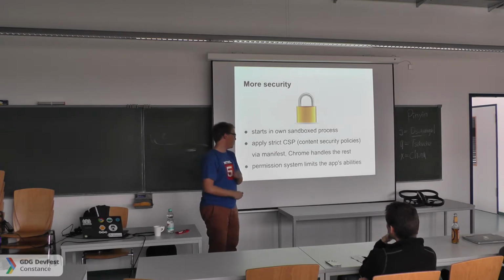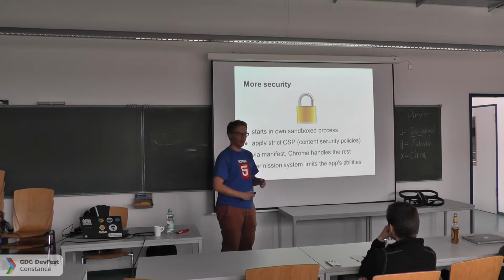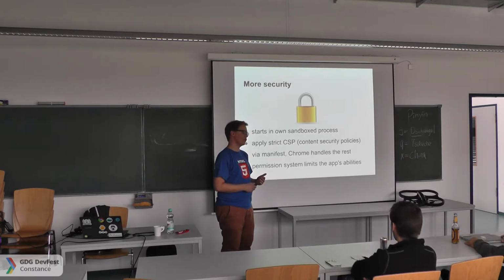You should apply very strict CSPs, content security policies. That's in the manifest of an app as well as an extension. You can define what your app is allowed to do with content and third-party content and whatnot.